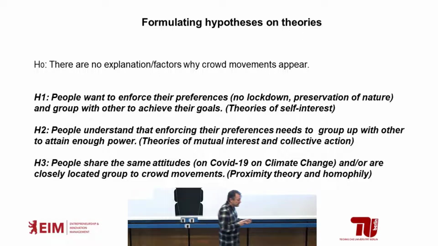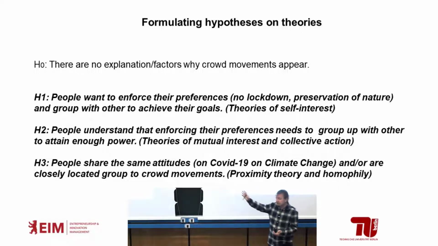Now also the problem emerged, where it might be easy to do qualitative research in this case, to go into these movements themselves, go to a demonstration of Querdenker or Fridays for Future and interview people, maybe with structured interviews. Doing a quantitative approach, which has a precondition that you get a representative sample of this movement, now gets to the real problem. How do you get this representative sample to actually test your hypothesis?